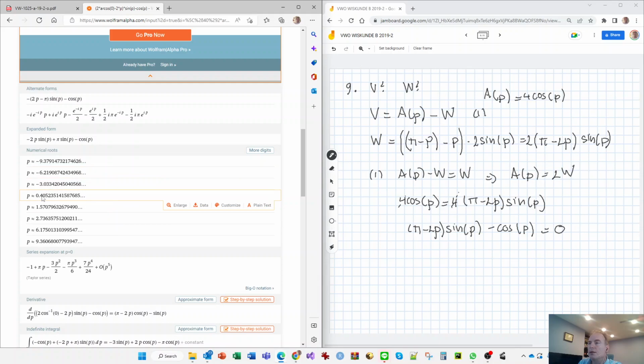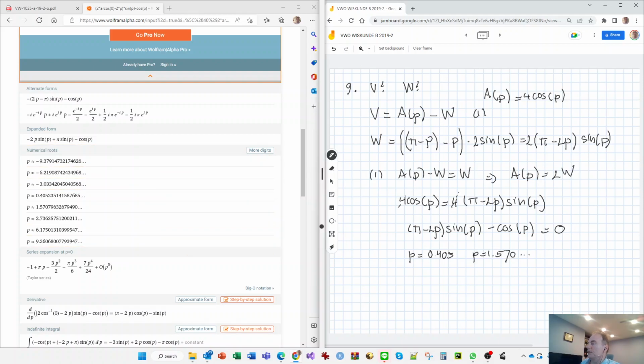So in that interval you have p is 0.405, and there's also p is 1.57. Well, this is probably half pi.